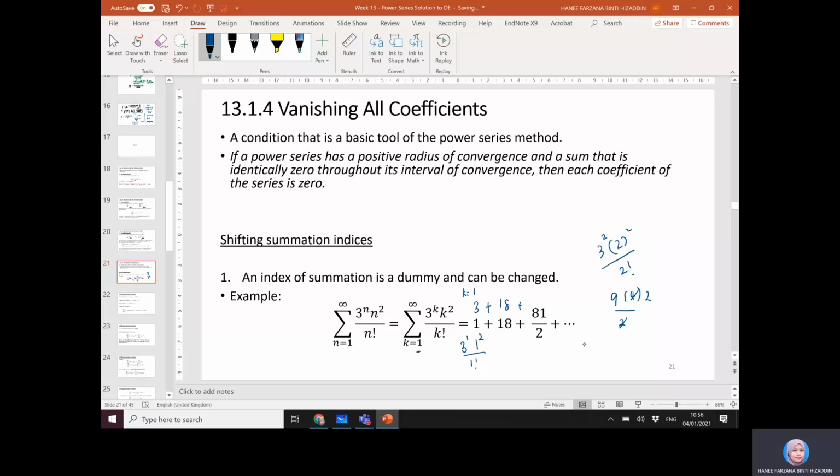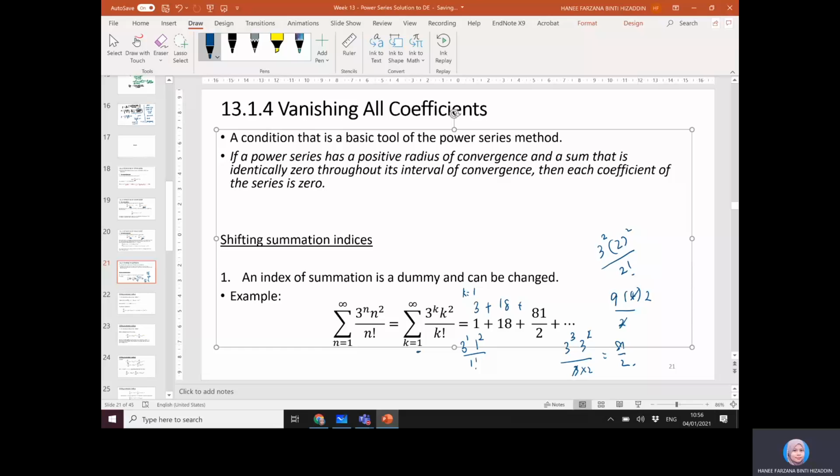Then the third term is 3 cubed times 3 squared over 3 factorial. 3 factorial is 3 times 2, so you get 27 times 9 over 6, which is 81 over 2, and so on, as k goes 1, 2, 3 until infinity. So it's a dummy and you can change from n to m to k, whatever.